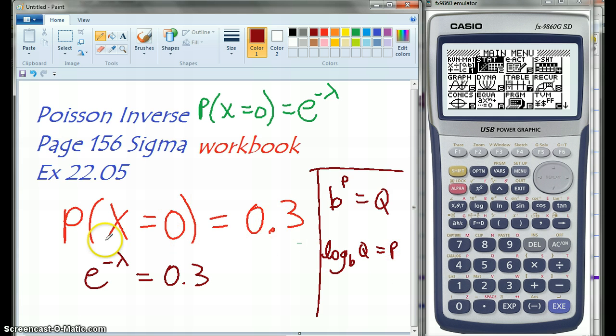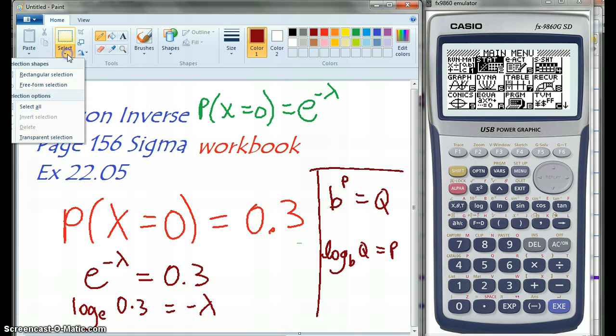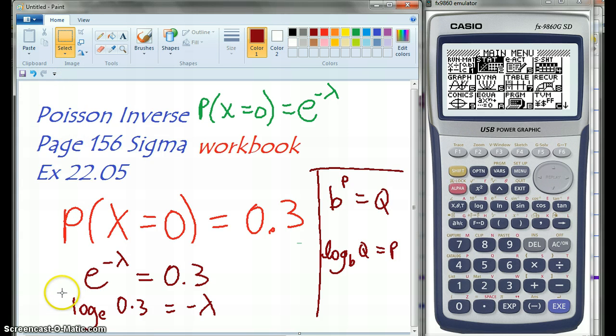So rearrange this, it's base e, so I can say log e of my quotient equals negative lambda. But this log e, you don't actually write. What do you write instead? Yeah, ln. So I know that ln 0.3 equals negative lambda.